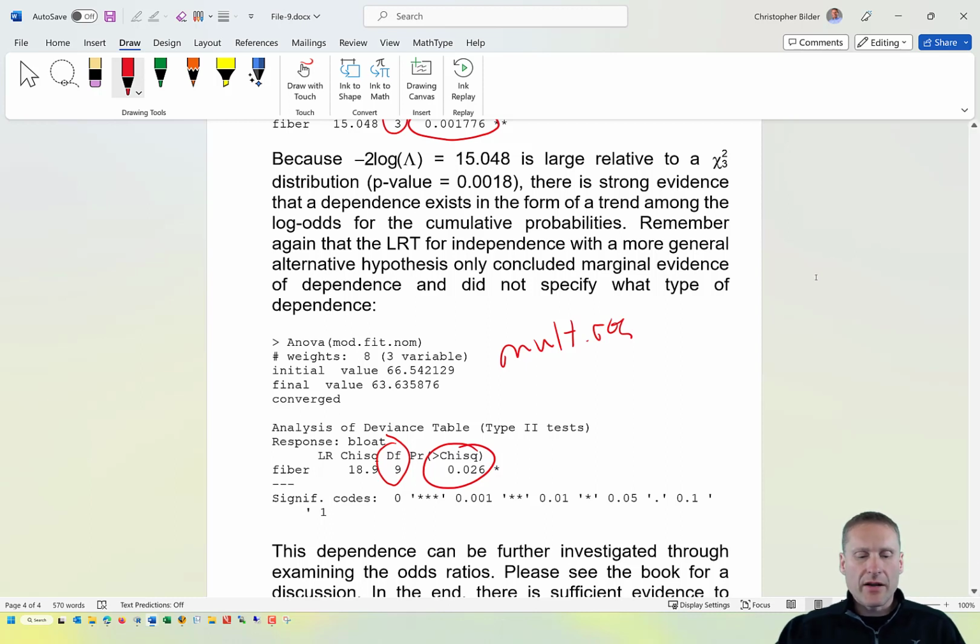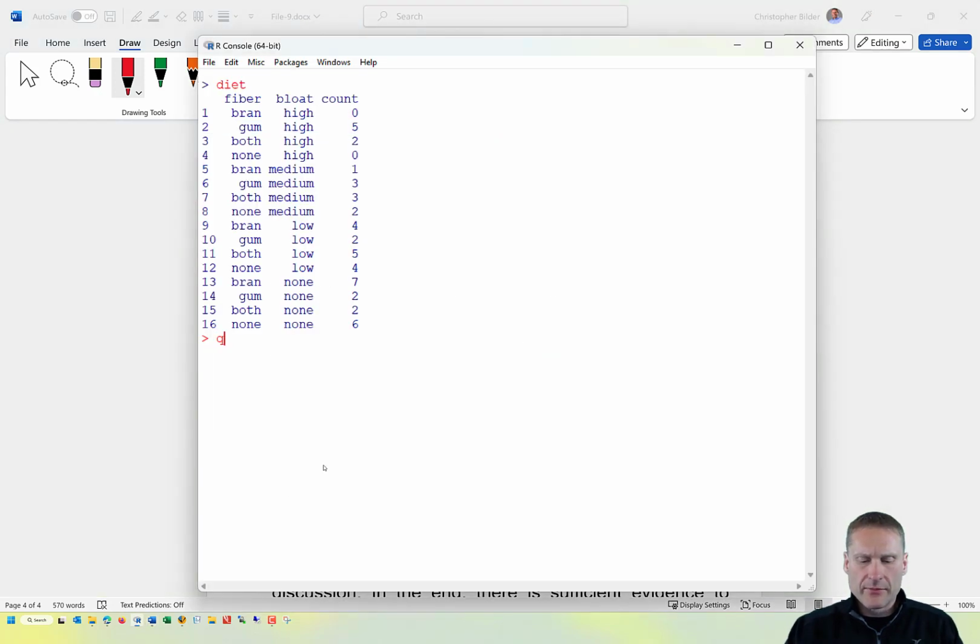Another way to think about it is this. In this particular case, I would use a chi-square 9 distribution. Let's take a look at the critical value that we would use for that test. I would use a critical value of 16.92. Now with the proportional odds regression model, I only have 3 degrees of freedom.